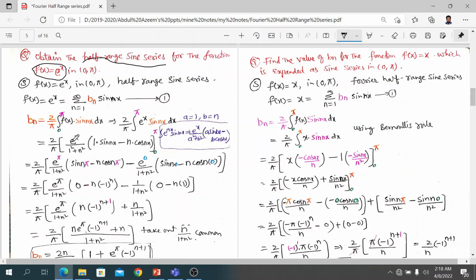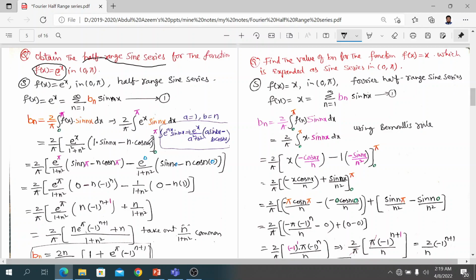So 2 by pi outside as it is, e power of x by 1 square plus n square, 1 sine nx minus n cos nx.